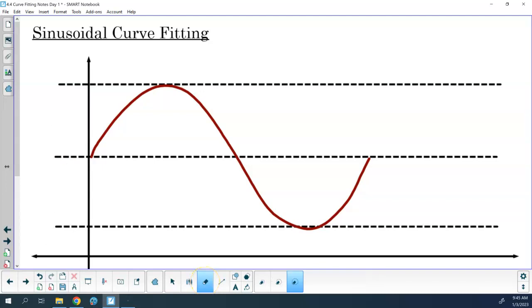I know these numbers, and from that I can find this number right here, which would be my middle. And why is my middle important?